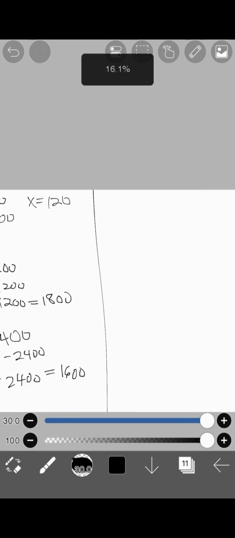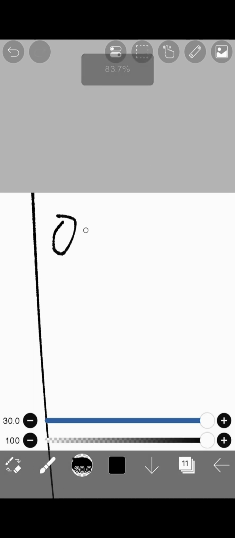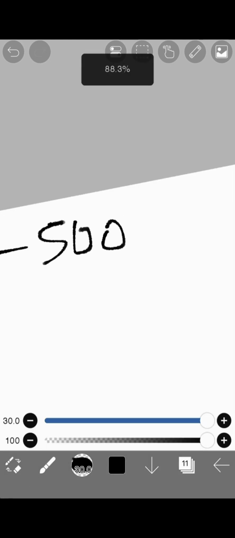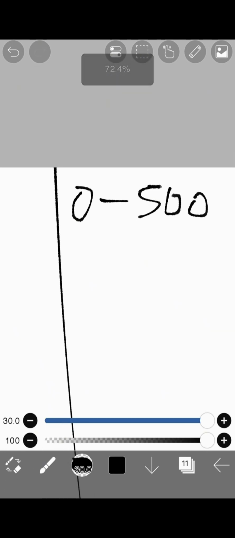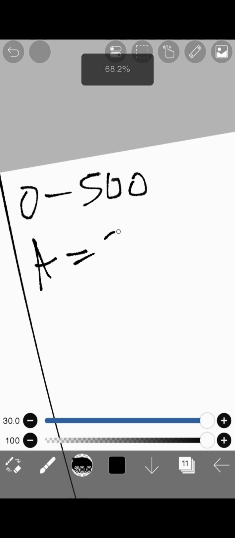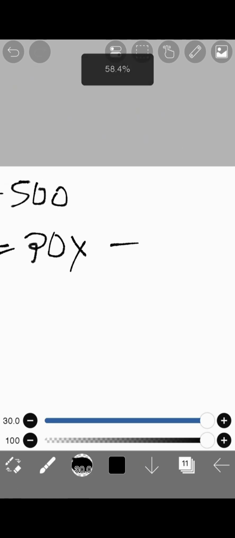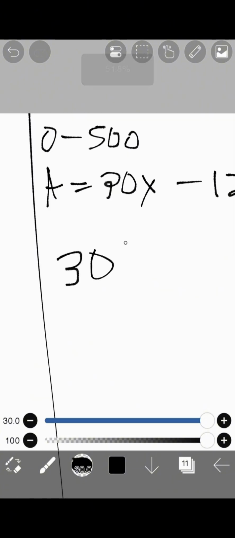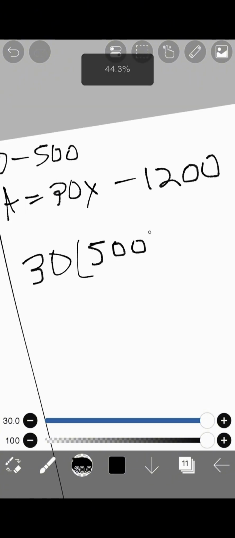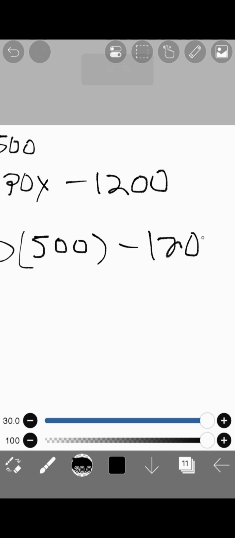Okay, so let's say that from 0 to 500, 500 is the most amount of cups they can sell. So for plan A, we have 30x minus 1200. So 30 times 500 minus 1200.